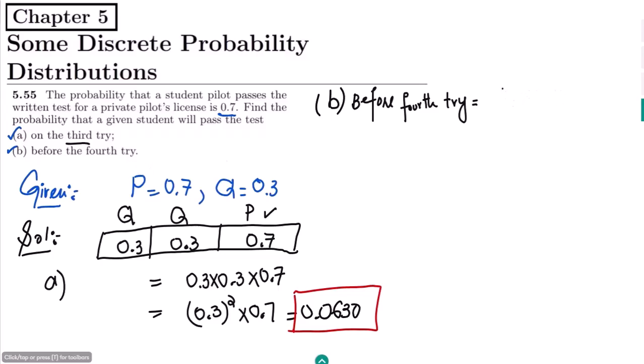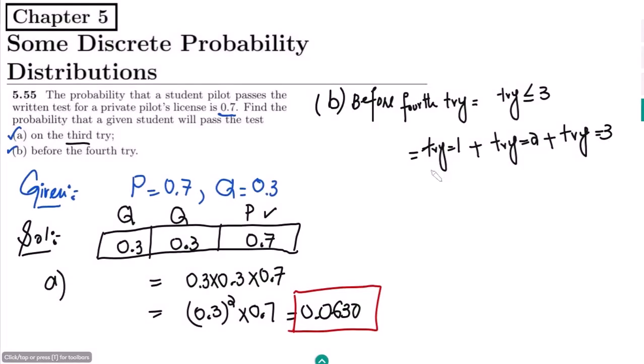So he has tries less than or equal to 3. What does it mean? That the try is first, or the try is second, or the try is third. He will either pass it on the first try, on the second try, or on the third try.